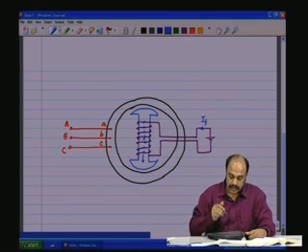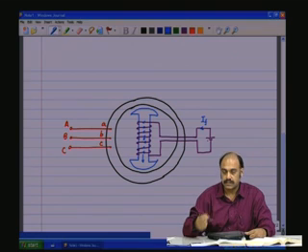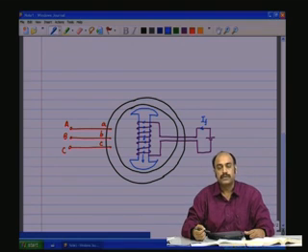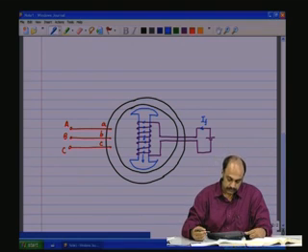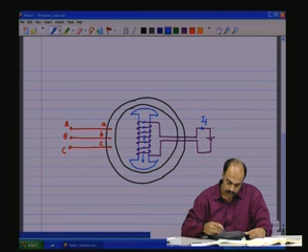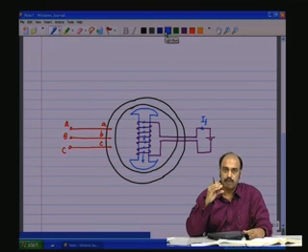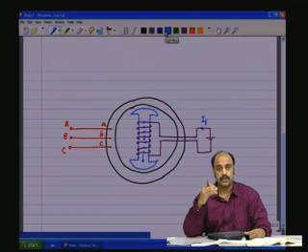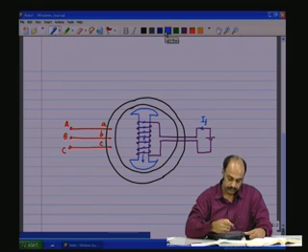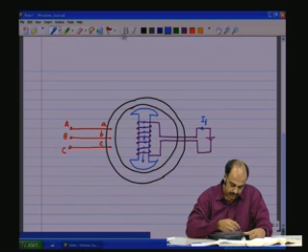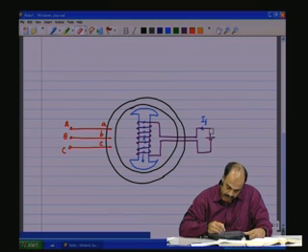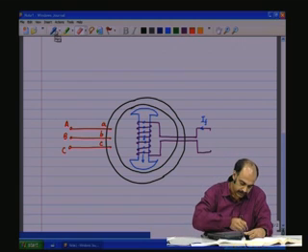Now the rotor is rotating. How do we get this DC voltage to the inside of the rotor? So what we need to do is generate a DC voltage. This is normally generated by a very small DC generator which is mounted onto the shaft of the rotor. So let us place a small DC generator.